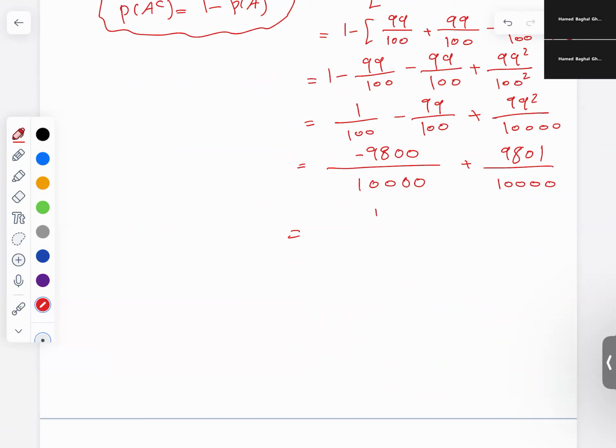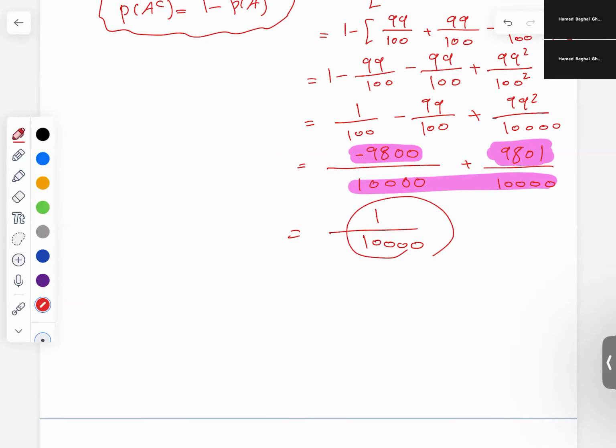So the 1, 10,000. Did you understand this part and this part? I just overlooked the common denominator at first. The denominators should be the same. All right. So this is 1 over 10,000.